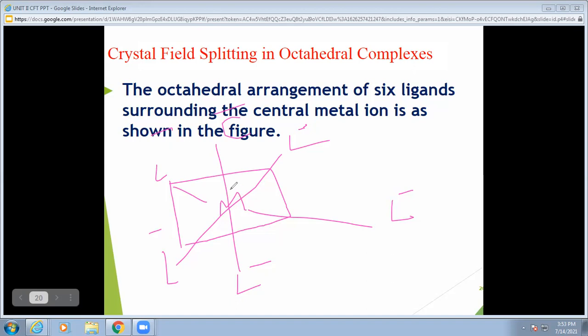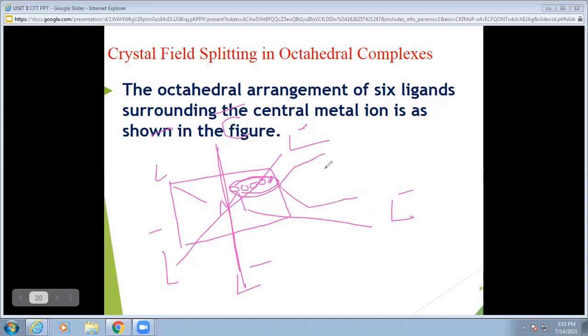Here the metal has d orbitals: dxy, dyz, dzx, dx square minus y square, and dz square. These are the five degenerate d orbitals. What happens when the ligands approach?